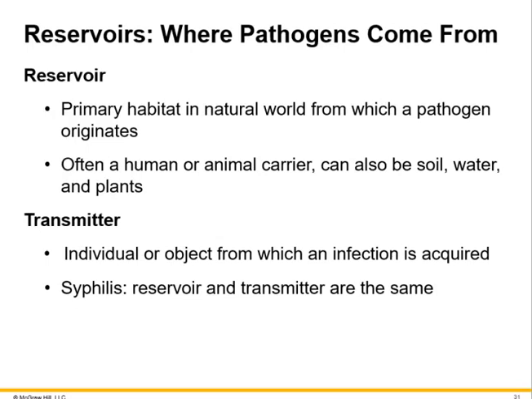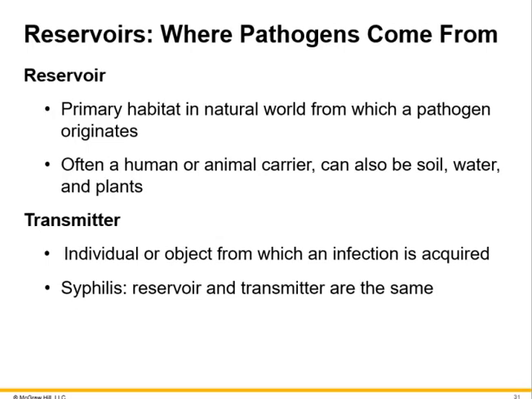Now, this is different from the term transmitter. A transmitter is the agent that transmits the pathogen, right? It moves the agent from the reservoir to a new host. That's what the transmitter does.